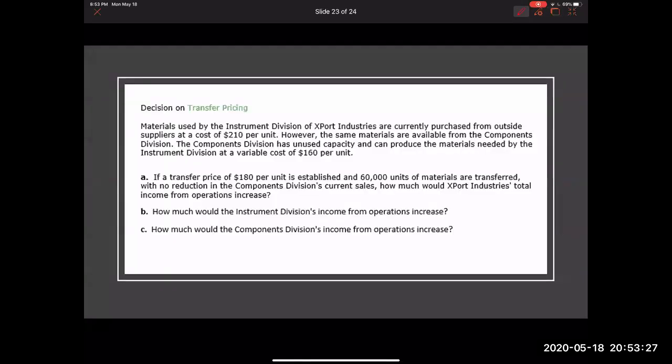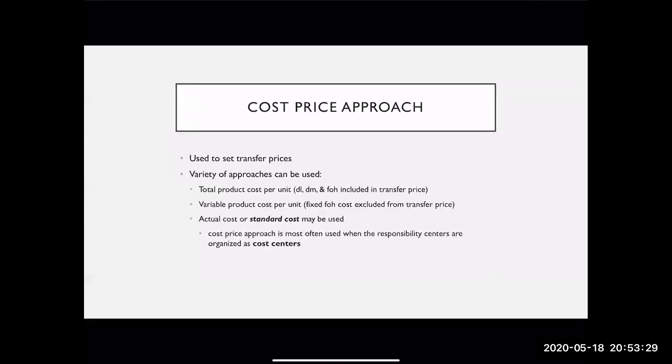All right, last but not least, we have to talk about the last component, which is the cost price approach. This is used to set the transfer price, and there's a variety of approaches within it. You can set the price based on total production cost per unit, so direct labor, direct materials, and factory overhead are included in the transfer price.